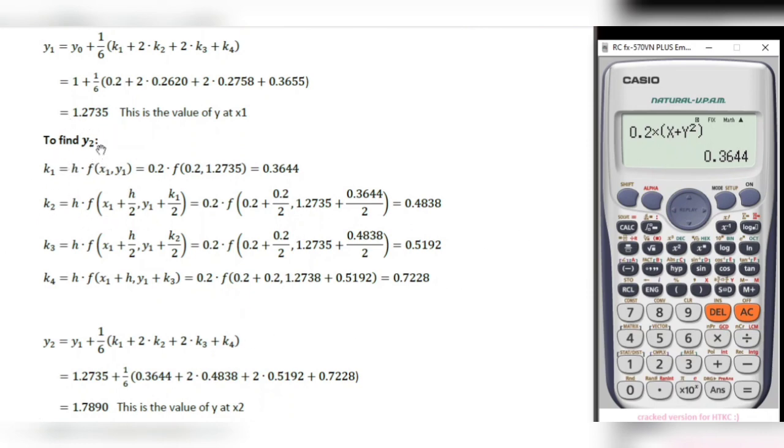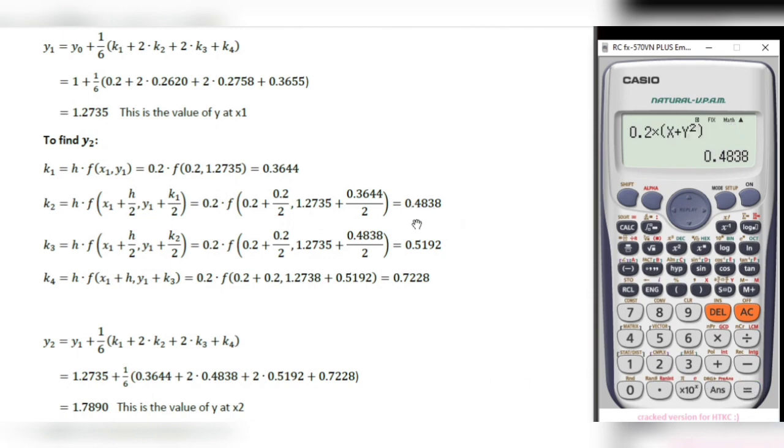Next, to find out k2 for y2, again press calc. In place of x, you take x1 plus h by 2. x1 is 0.2 plus 0.2 by 2. And y is 1.2735 plus k1 by 2, 0.3644 by 2.